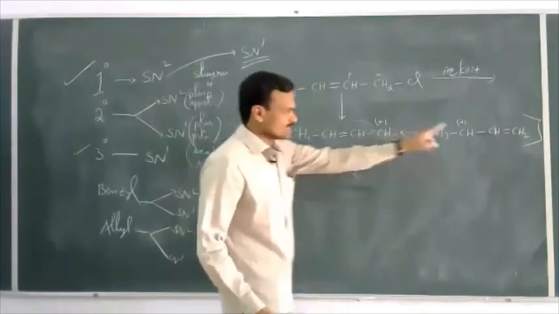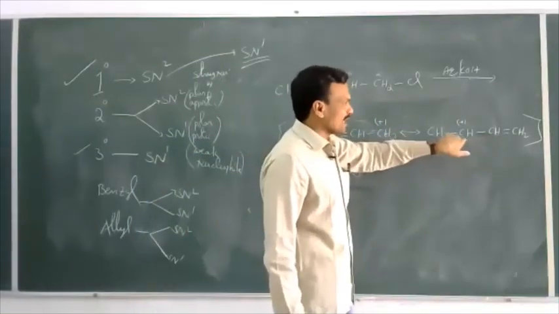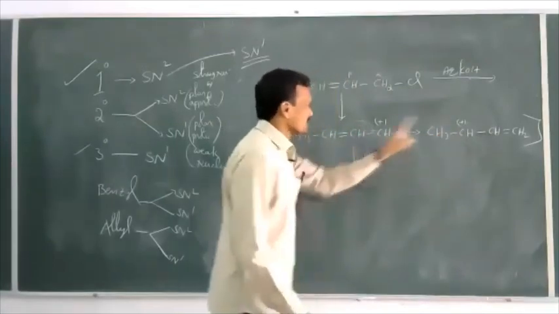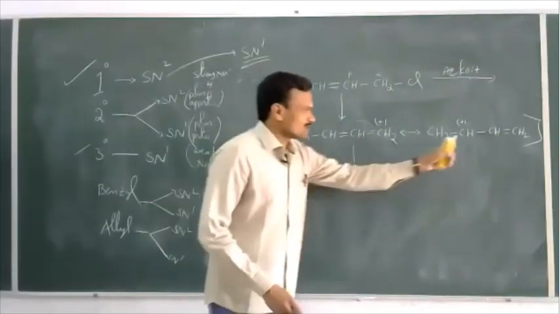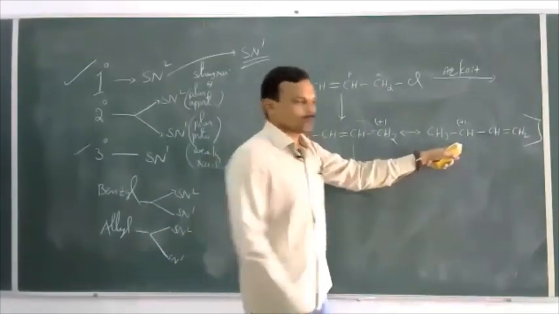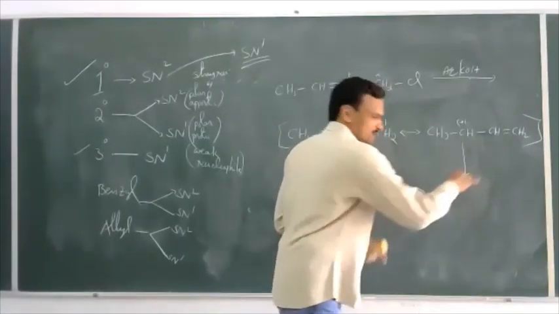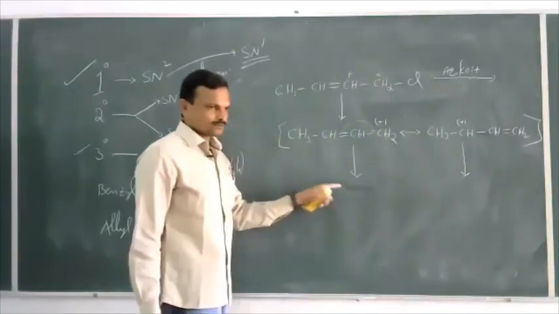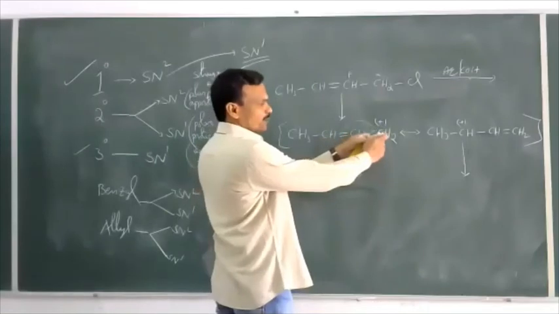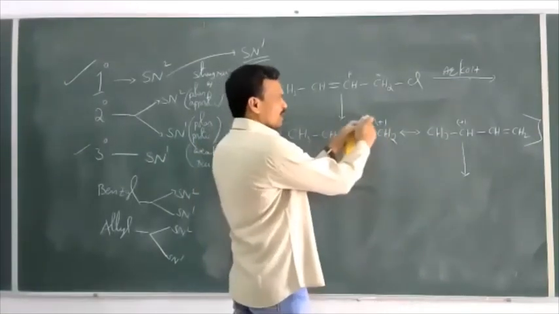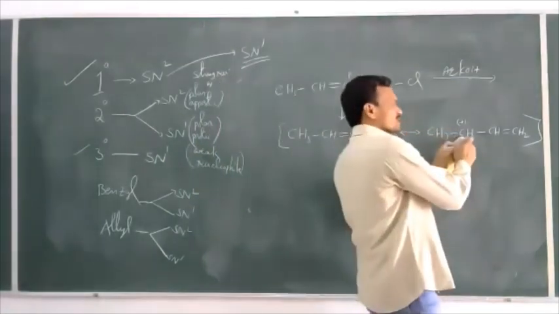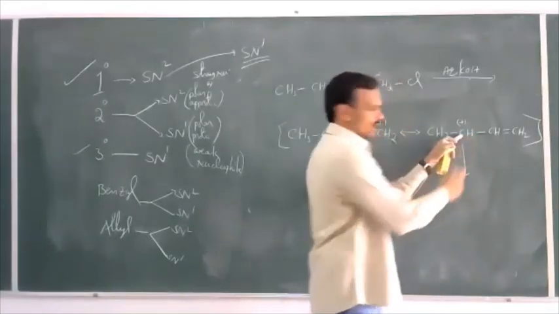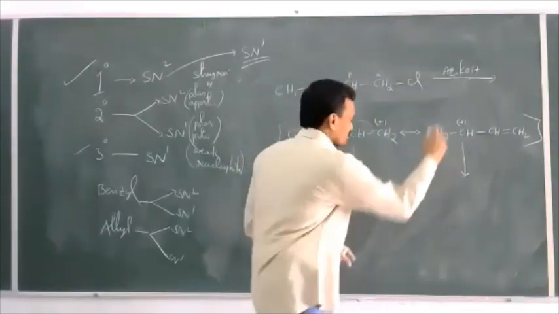This is a secondary allylic carbocation. Now among these which is more stable? Secondary allylic carbocation is more stable. So this will give the major product. This will give the minor product. So the primary allylic carbocation formed here undergoes rearrangement to give secondary allylic carbocation.